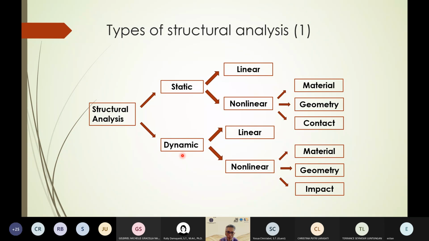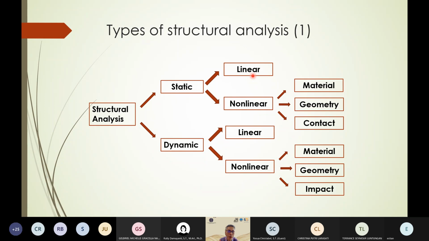The inertial effect means mass times acceleration. For static and dynamic, we can categorize the analysis into two types: linear static and non-linear static, and also for dynamic, linear and non-linear dynamic. Linear static analysis is the standard analysis for a structural engineer.